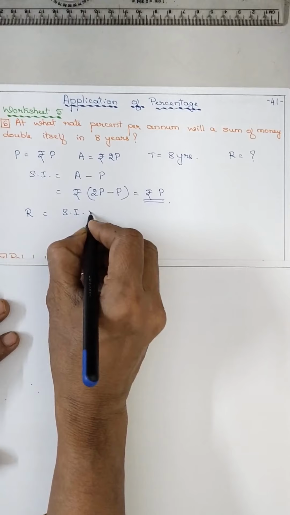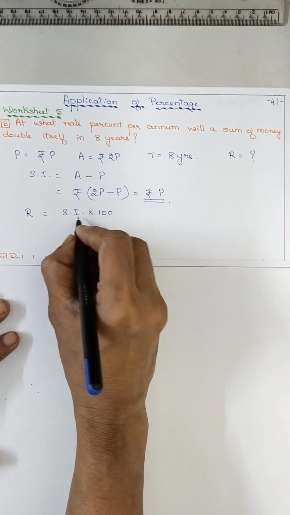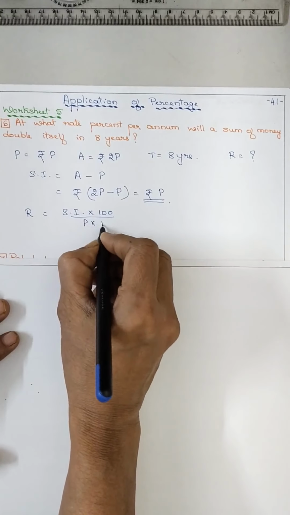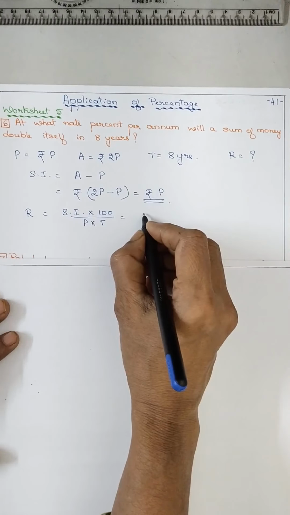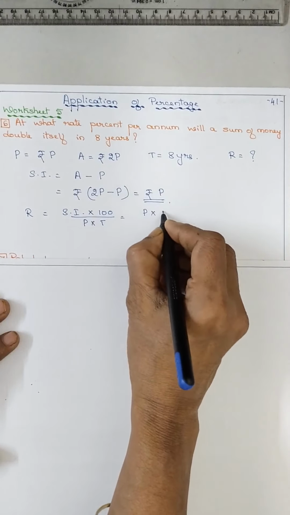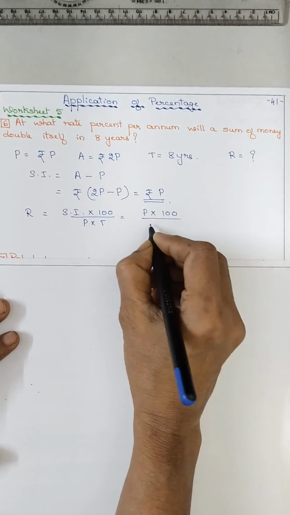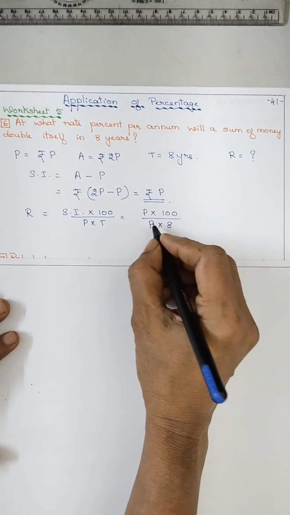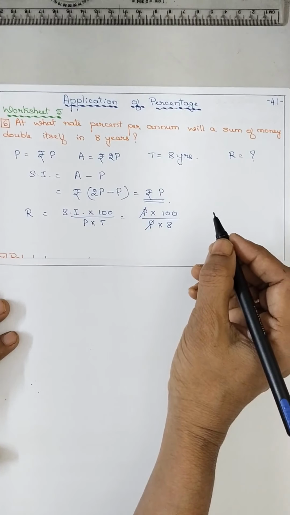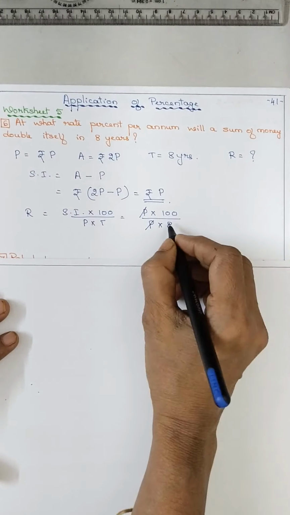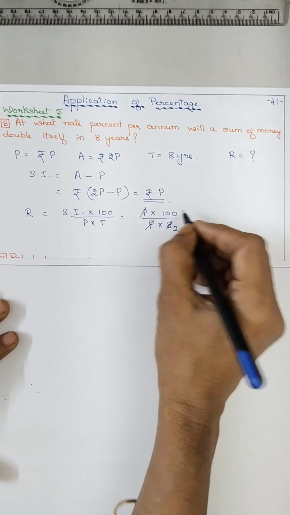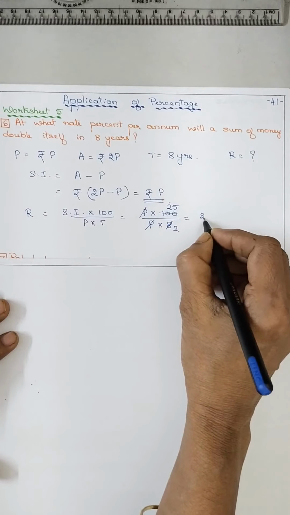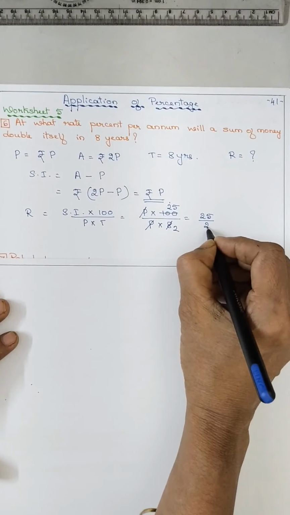SI into 100 upon P into T. SI is P into 100, principal is P, T is 8. P and P get cancelled. Now 4 2s are 8, 4 25s are 100. So you got 25 by 2.